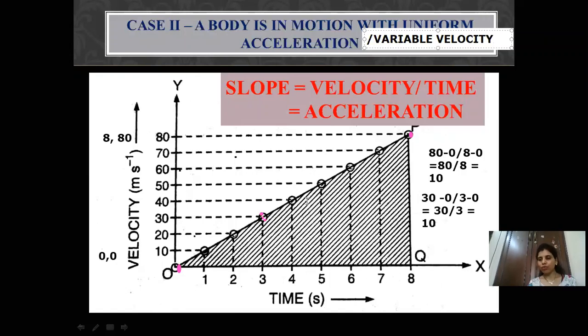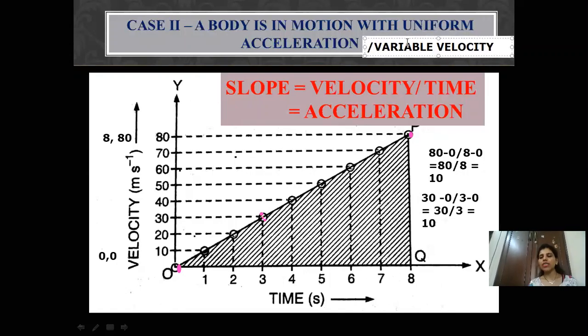So over there in your text, you have to mark these points and you have to write down the slope value, and you have to understand that it is acceleration. The slope will give you the acceleration. Wherever in the textbook this figure is there you mention that velocity time graph, if it is a straight line graph, the body is moving with uniform acceleration or variable velocity.